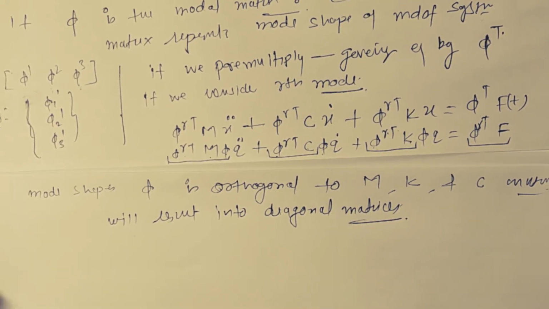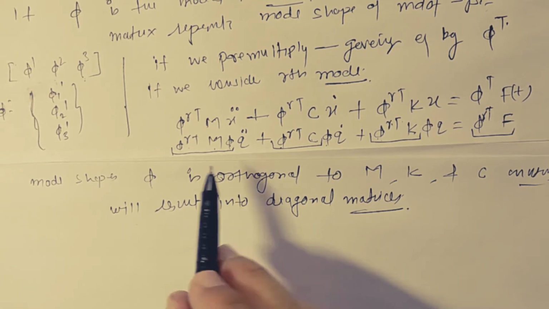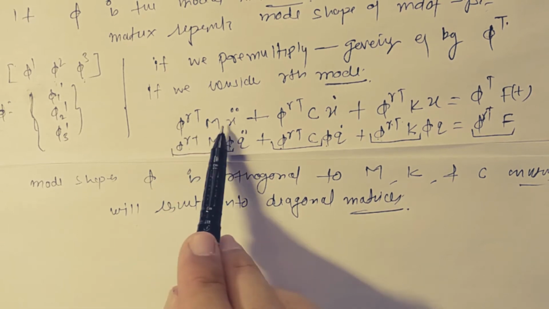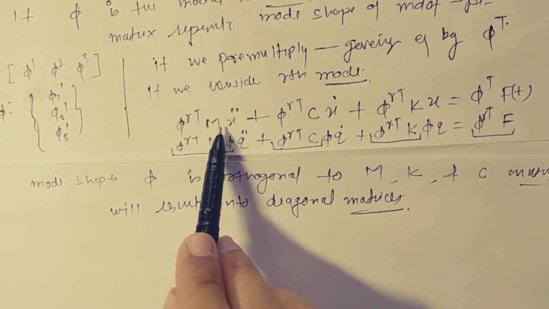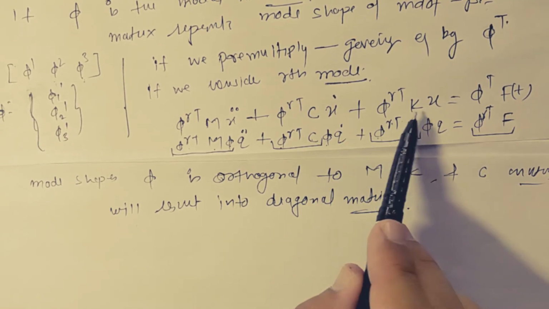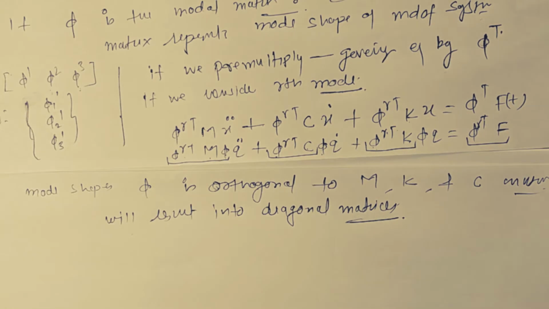So we discussed that orthogonality property of the modal matrix. If we pre-multiply by the transpose of the modal matrix and post-multiply by the modal matrix the mass, damping and stiffness matrices, we get the diagonal matrix.